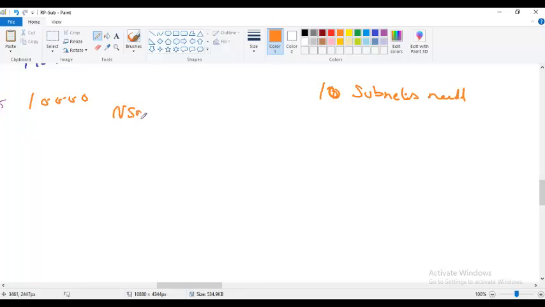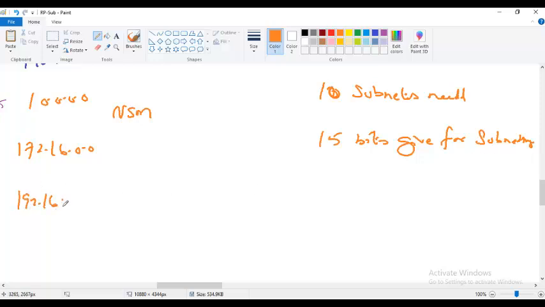Next, 172.16.0.0, 15 bits given for network, for subnetting. And then 192.168.0.0, 12 hosts per subnet. That's all. These 3 are homework.